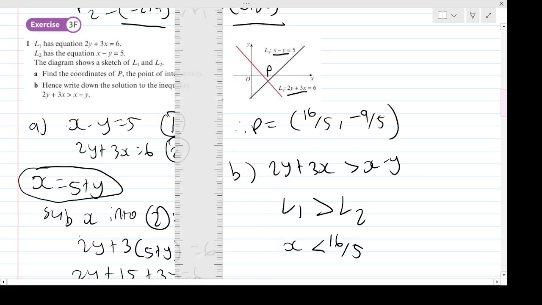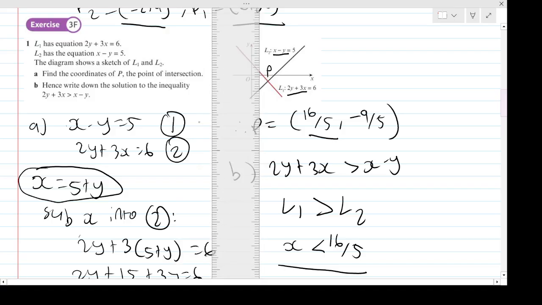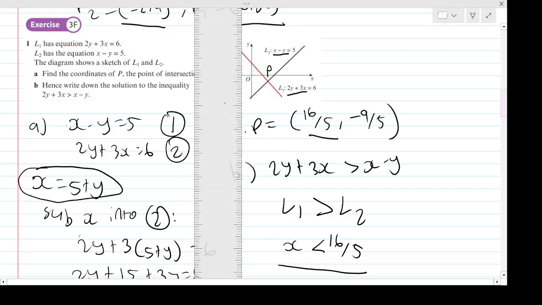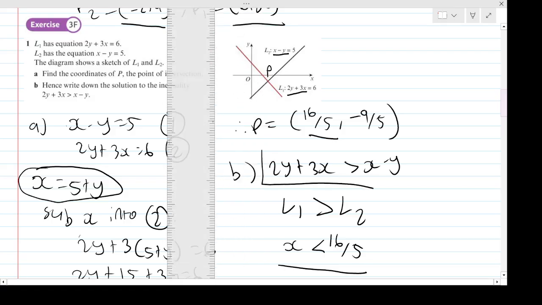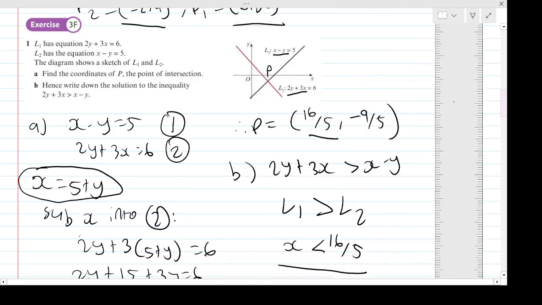Before P, because P is 16 over 5 for x, our solution is x is less than 16 over 5, because before it reaches 16 over 5, that's when L1 is bigger than L2, which is the same as this inequality here. Cool, hopefully you start to see the strategy and the idea behind it now.